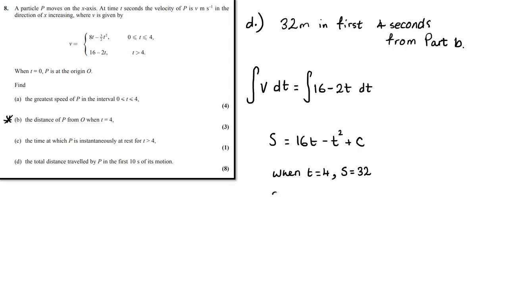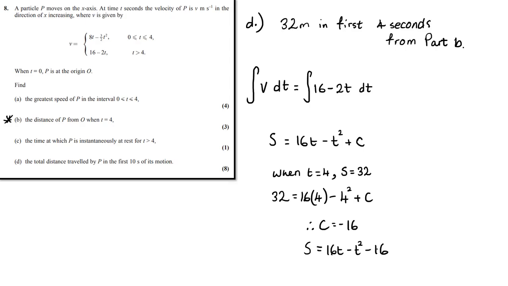So s is 32 and t is equal to 4, so that's 16 lots of 4 minus 4 squared plus c. Again, just put all this into your calculator, you don't need to do this by hand, but what you should get here is that c is equal to minus 16. So in that case, s is equal to 16t minus t squared minus 16.